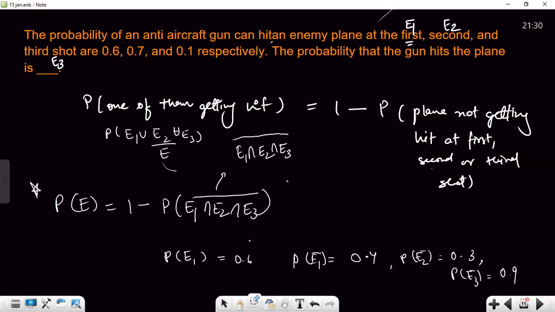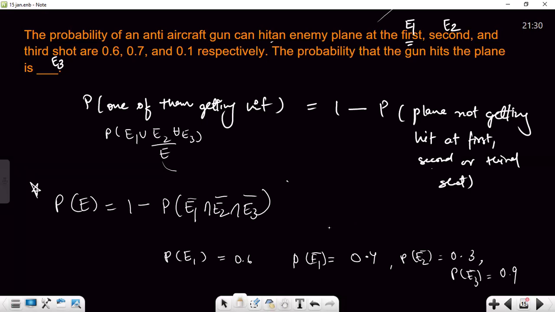Okay. For that, instead of writing the whole conjugate, we should write the individual bars: event 1 should not happen, and event 2 should not happen, and event 3 should not happen.